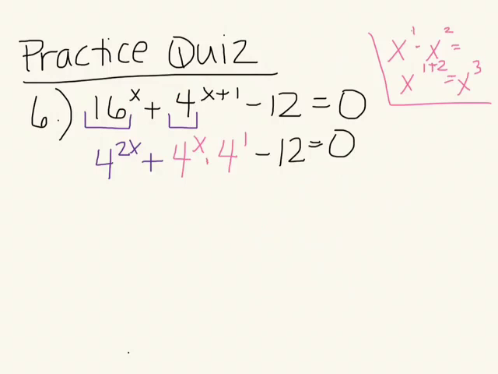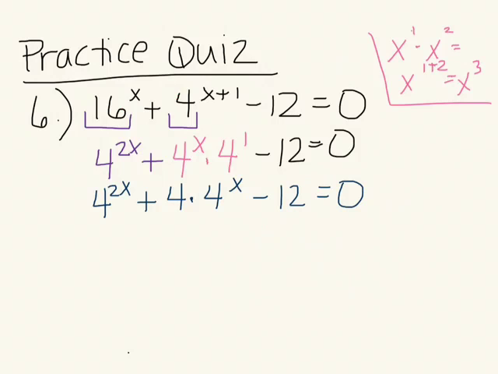And 4 to the first is just 4. So to make this a little nicer to look at, let's switch the order there. So 4 to the 2x stays the same. Let's switch our order. So this is 4 times 4 to the x minus 12.